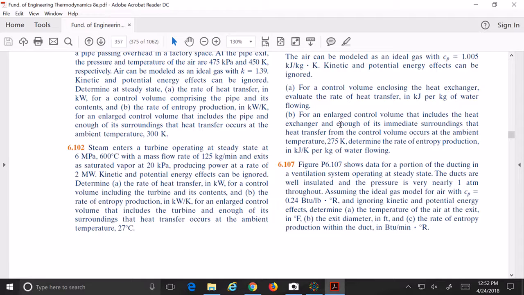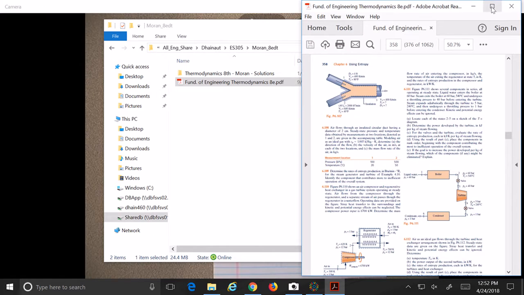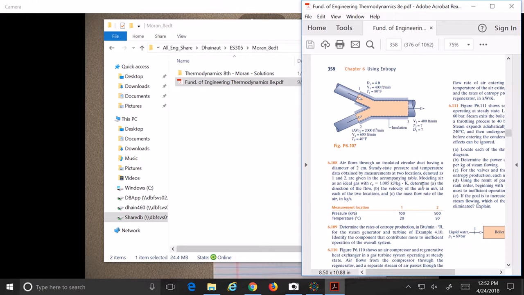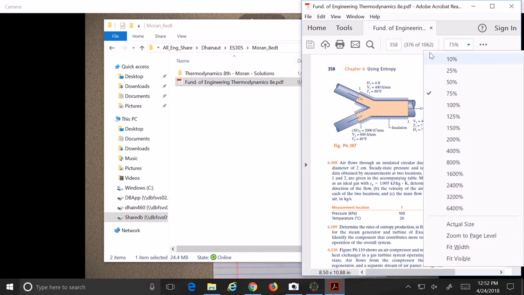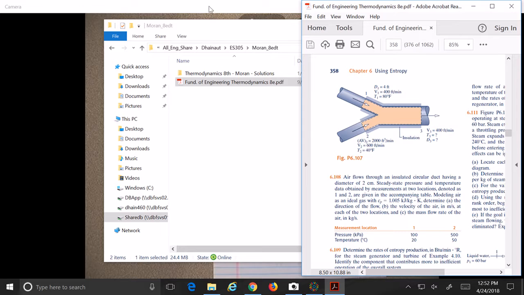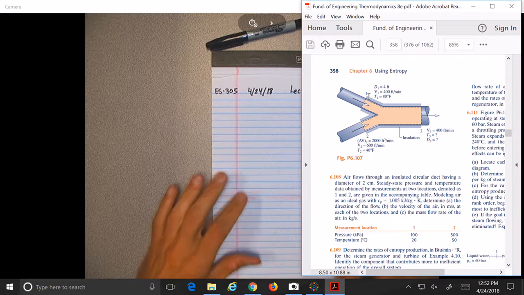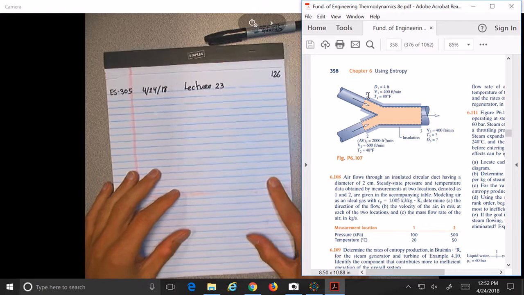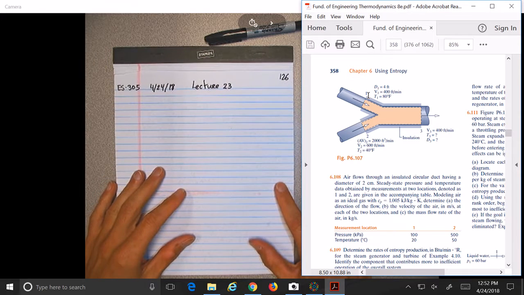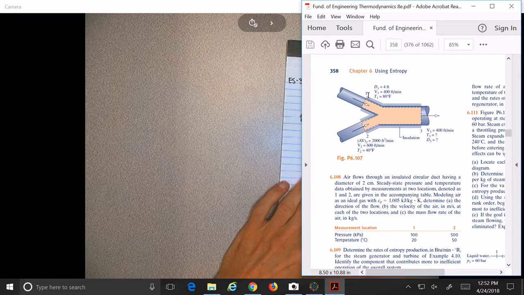Okay, so it looks like the figure's on the other page. So let me just do the figure, and then we can look at this. It might be better the other way around for me.